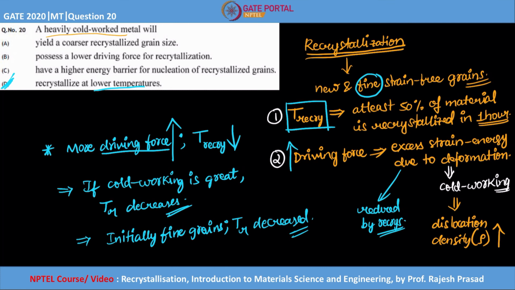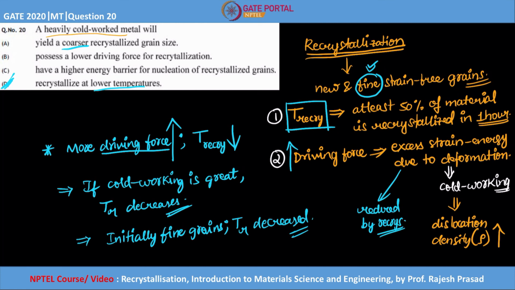If you come to the first option, a heavily cold worked metal yielding a coarser recrystallized grain size is wrong, because by definition after recrystallization we have fine grains, and the higher the driving force, the finer the size. B, as I discussed, is wrong. And C, a higher energy barrier for nucleation, is wrong.